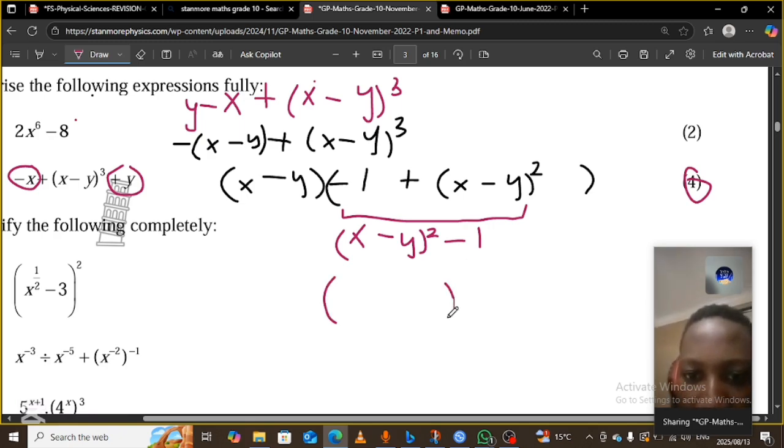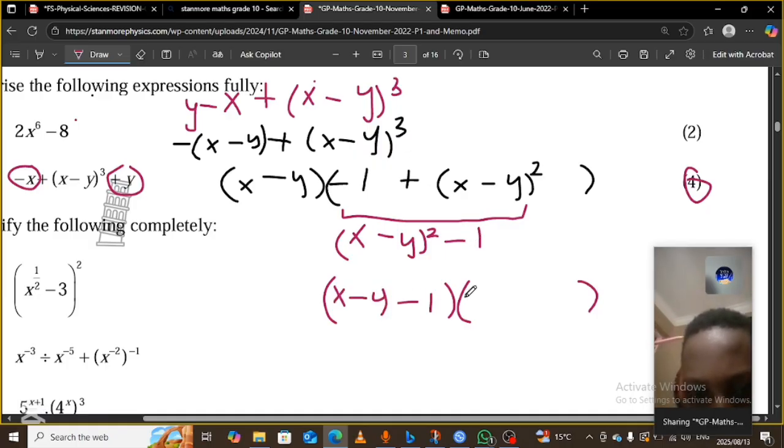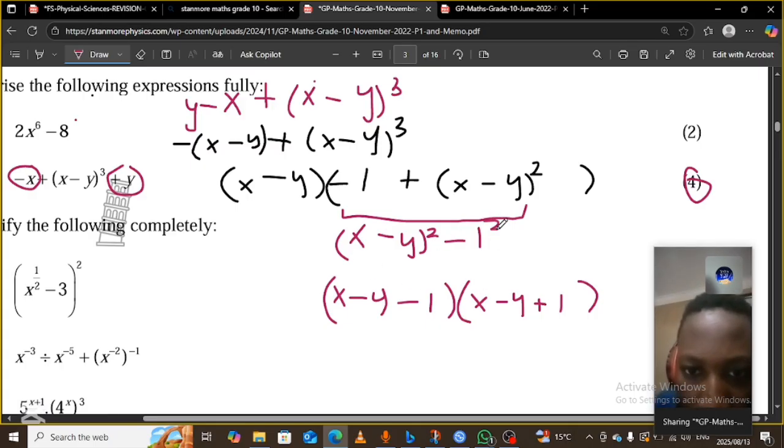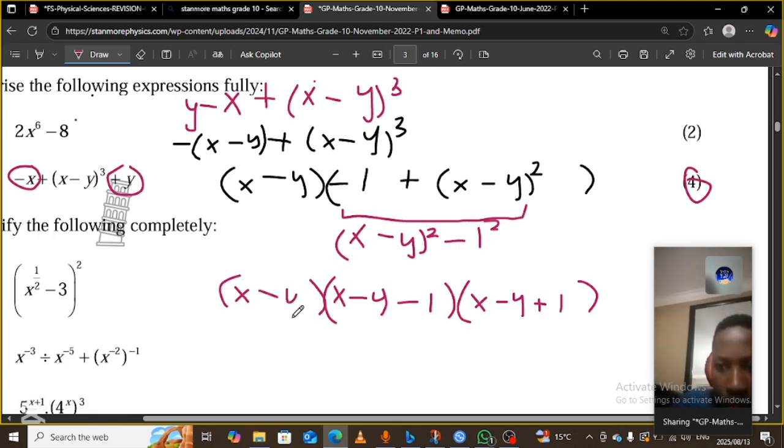So we can factorize this one as x minus y minus 1 and x minus y plus 1. Remember, 1 is the same as 1 squared. So it's also a difference of 2 squares, and then we can put this one. So this is your 4 marks.